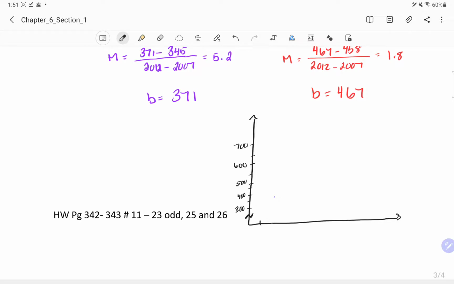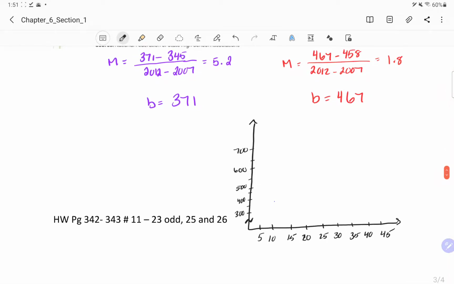Okay, then I'm going to do the same thing over here, but this time I'm just going to count. I don't need a break in my graph. I'm just going to roll with this. It's going to be 5, 10, 15, all the way over 35, 40, 45. Okay.